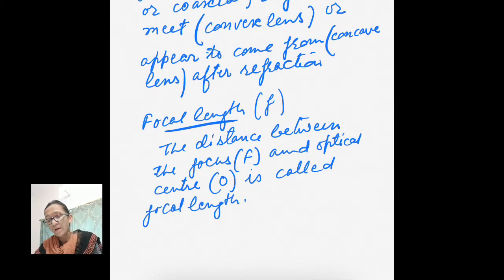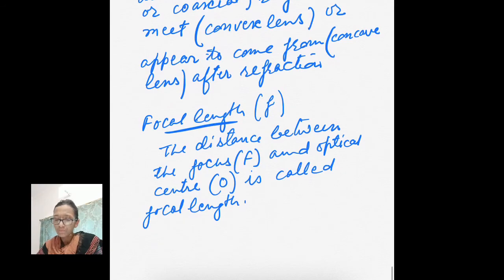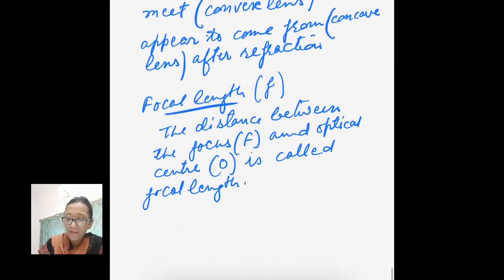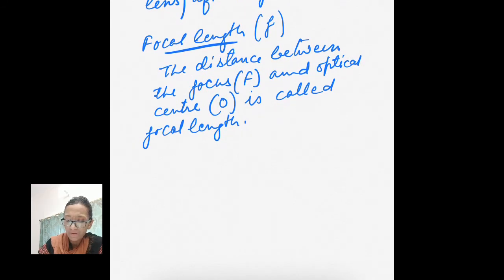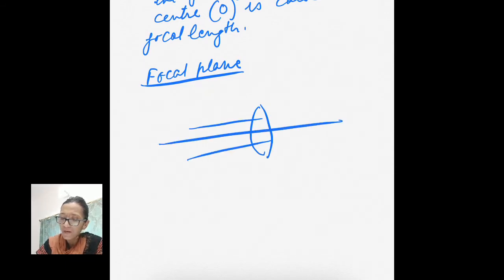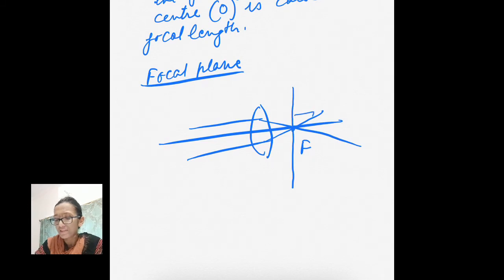Okay, you have defined so many terms. Now aperture of lens and focal plane. Focal plane. Here you have a lens and the rays are meeting or passing through this very point. This point I am calling focus. If you draw a plane passing through the focus and perpendicular to the principal axis, here you have the principal axis and here you have the focal plane.